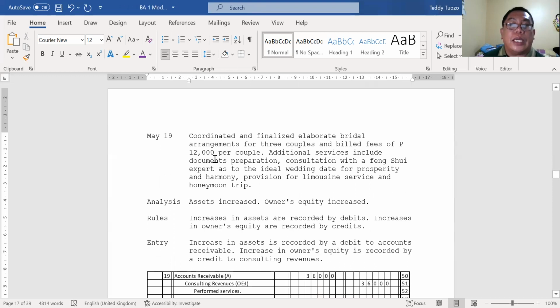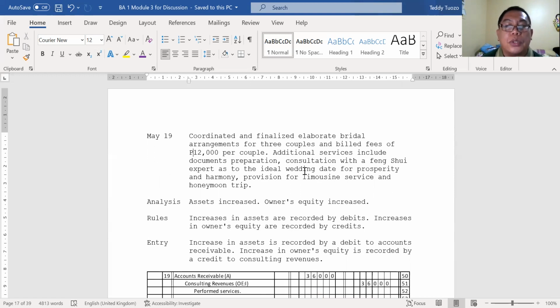May 19, coordinated and finalized elaborate bridal arrangements for 3 couples and billed fees of 12,000 per couple. Additional services include documents preparation, consultation with the feng shui expert as to the ideal wedding date for prosperity and harmony, and provision for limousine service and honeymoon trip.